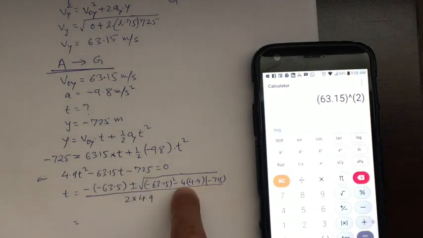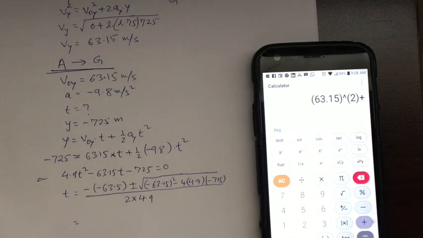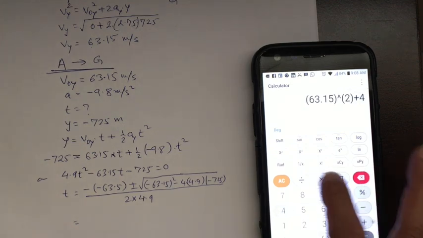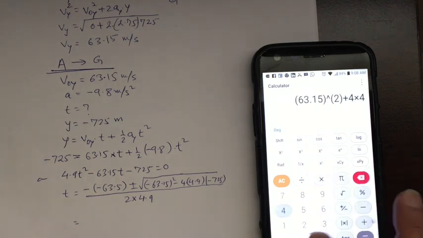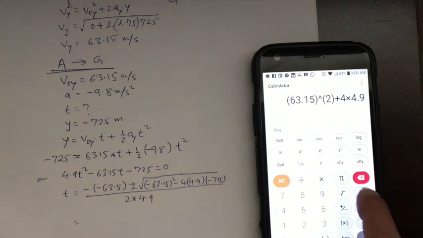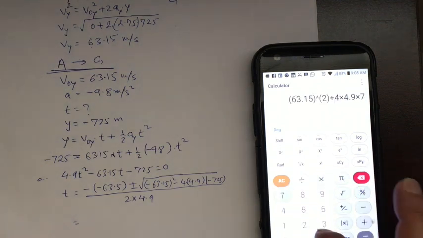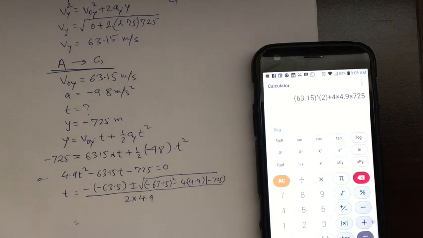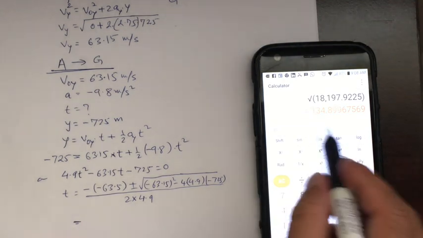All you have to do is add all those things, so plus 4 times 4.9 times 725. Whatever it is, you take the square root of your answer, and that is 134.89, which is 134.9.